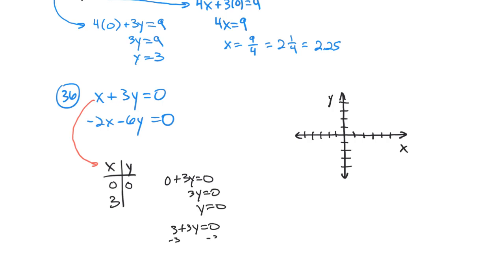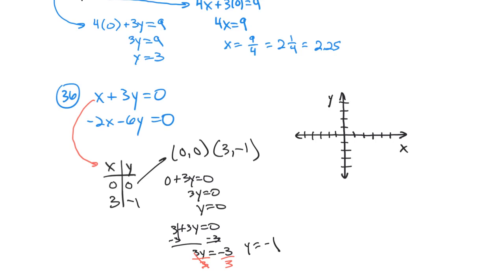Subtract 3 from each side. 3y equals -3. So then if you divide by 3, you get y equals -1. So this gives me the point (0, 0) and the point (3, -1).